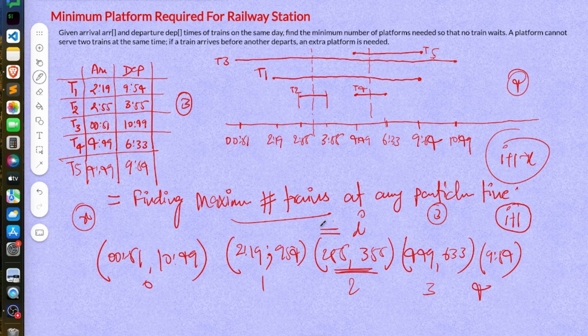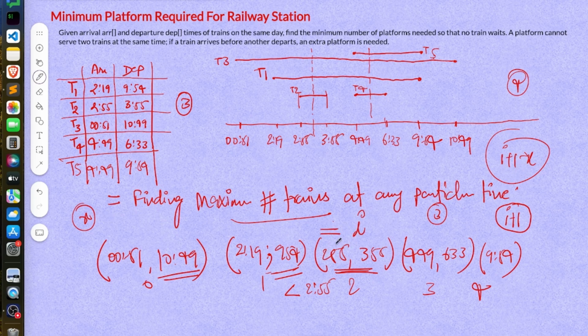So if you somehow find out how many departure times are there that are less than my arrival time, what does it mean? This ith train would come at 255. If you somehow find how many trains were there whose departure time is less than my arrival time, what does it mean? It means that those trains have already departed. I hope you understand.